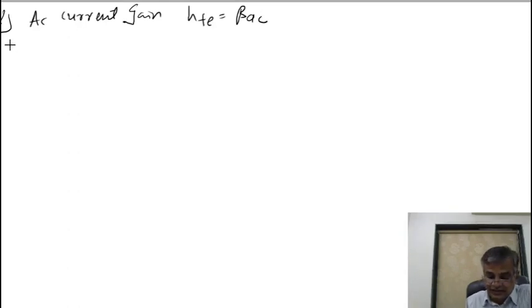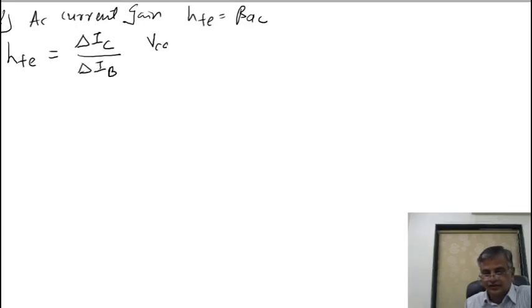The AC current gain is the ratio of change in output collector current to the corresponding change in input base current, keeping collector emitter voltage constant.